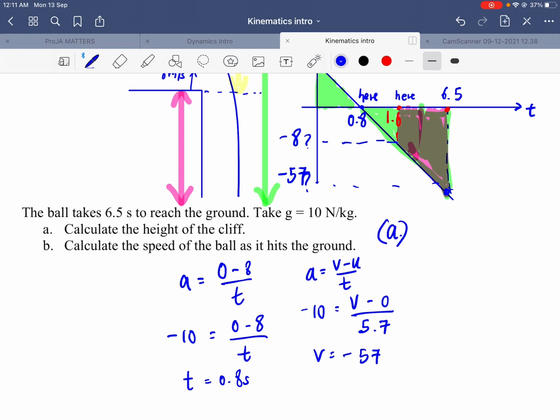Okay, so now we need to find the height of the cliff. We know that it is actually this area. It's a trapezium. So what's the formula for trapezium? We can take half times the sum of the two heights. These are the two heights, so 8 and 57. So 8 and 57, we do quick math, is 65.